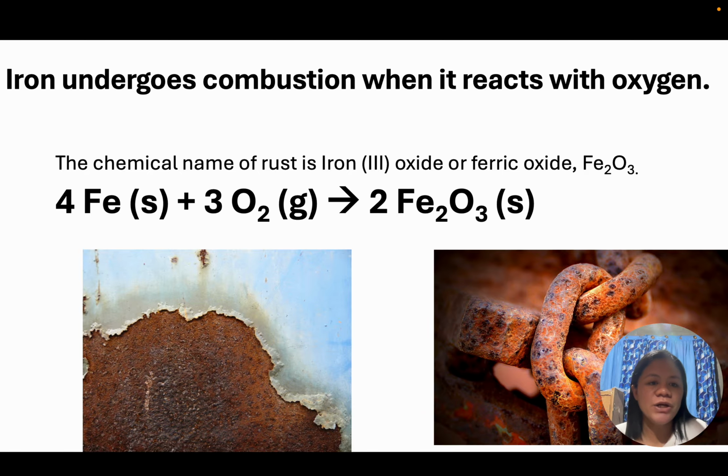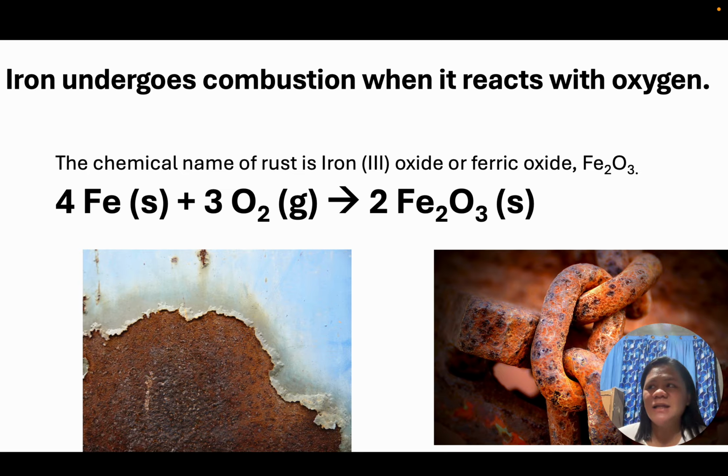So iron undergoes combustion when it reacts with oxygen. So take note again, emphasizing lang na hindi necessary heat talaga yung involved, as long as there is an oxygen, so we can call it the combustion reaction. So the chemical name of rust is iron trioxide or ferric oxide or Fe2O3.